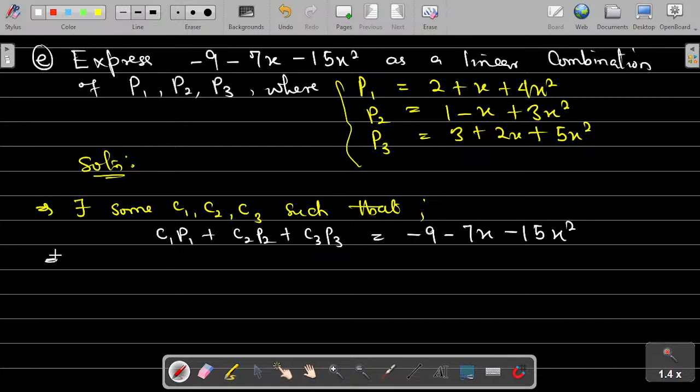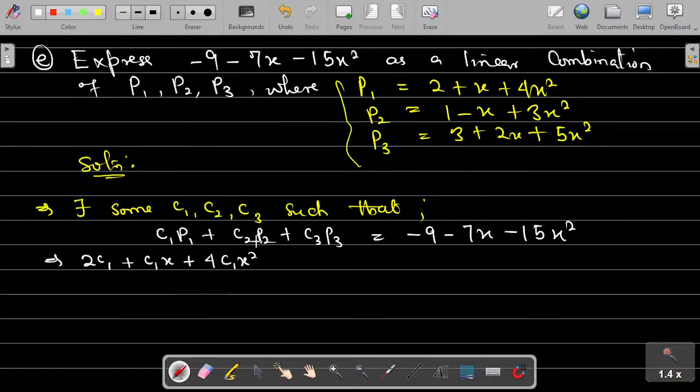So c1 will multiply the whole of P1. c1 times 2 is 2c1. Let me do it that way because of our time. So we have 2c1, plus of course c1 will multiply x to give you c1x, plus c1 will multiply 4x squared to give you 4c1x squared.